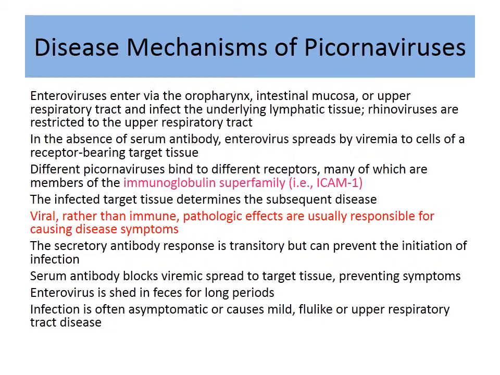And for antibodies to attach or attack a virus, it has to be either in extracellular fluid or in the blood. But if there is lysis of the cell, there may be a chance before a virus jumps from one cell to another that the antibodies can block the adhesion sites of these viruses. So that's why most of the time we do rely on cell-mediated immunity as compared to humoral immunity.